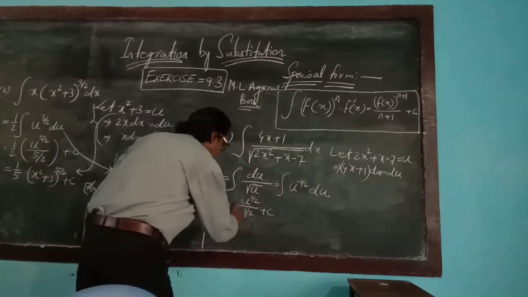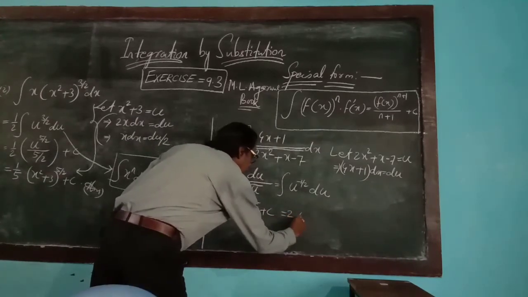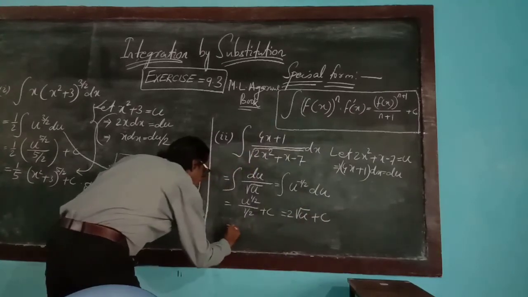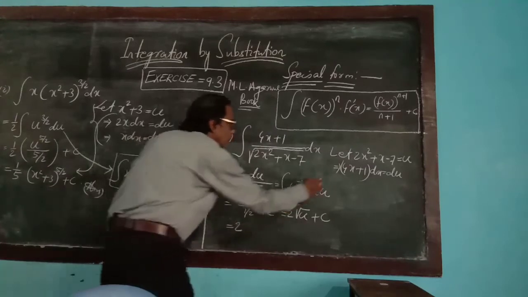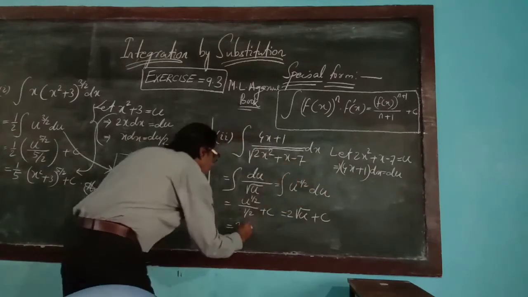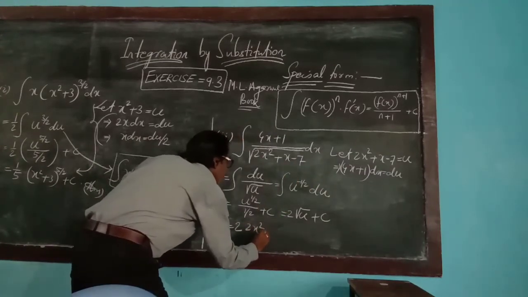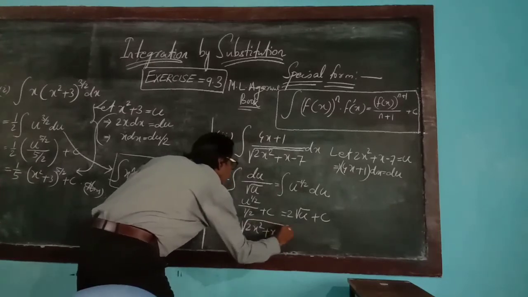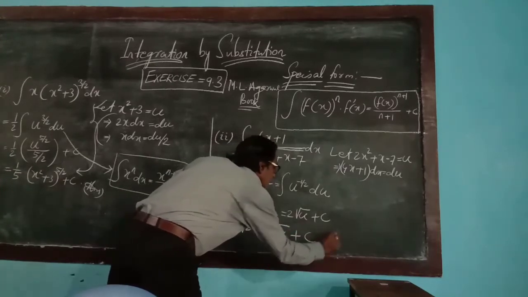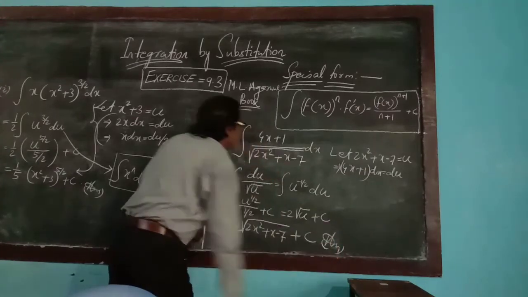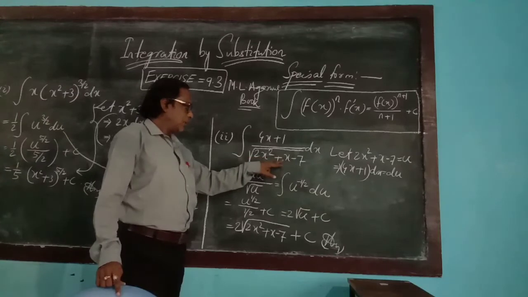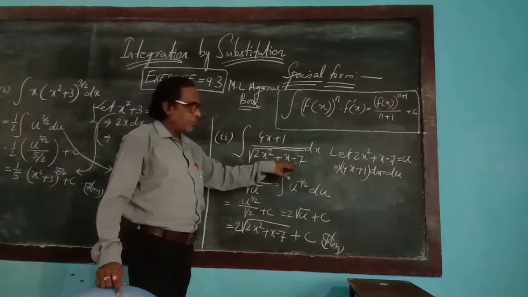The final answer will be 2 root over u plus c. Now what is u? This part I have taken, 2x square plus x minus 7, so the answer is 2 root over 2x square plus x minus 7, plus c.